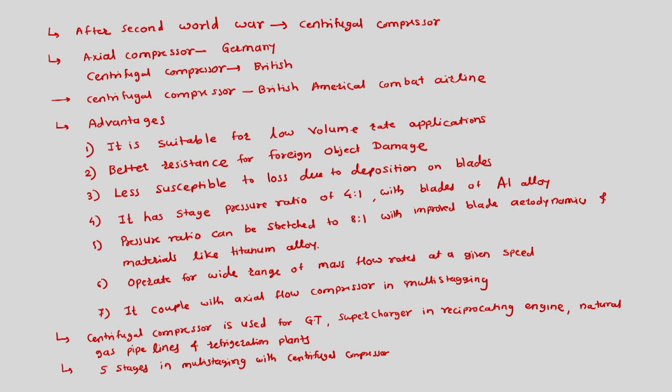A centrifugal compressor can have multiple intakes, but if we have a single intake, it might have an accelerating nozzle which will accelerate the air, and then it will go towards inlet guide vanes, and after the inlet guide vane there will be the impeller.